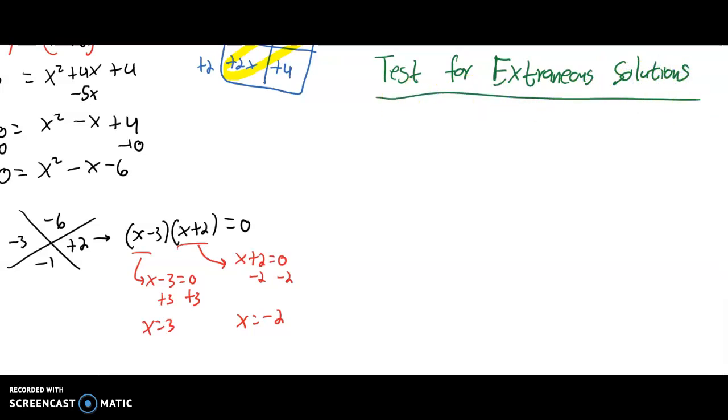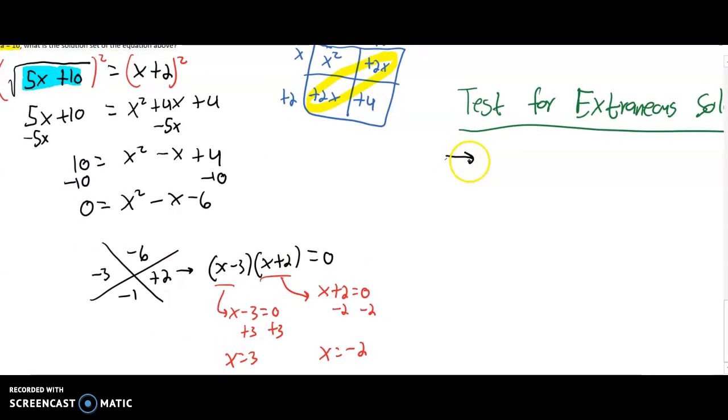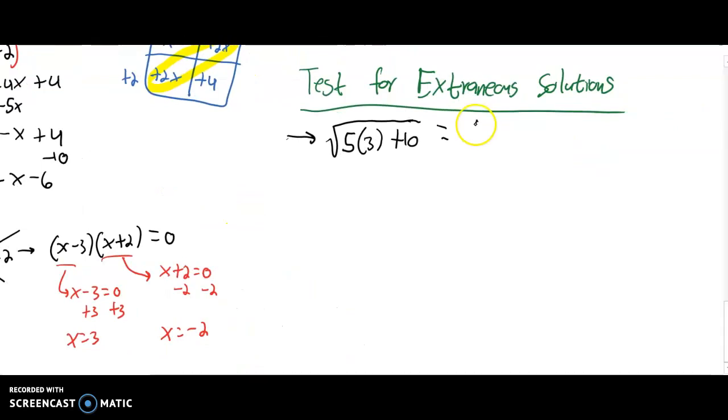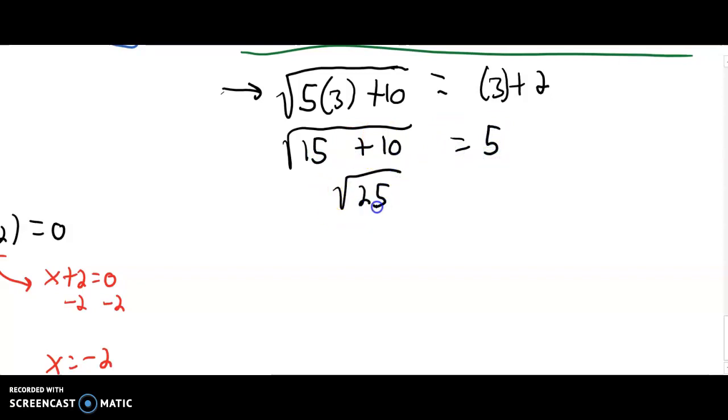Okay, let's do positive 3 first. Order does not matter though. So I've got 5 times 3 plus 10 equals 3 plus 2. 5 times 3 is 15. 3 and 2 is 5. 15 and 10 is 25.